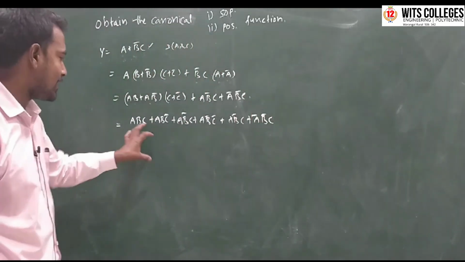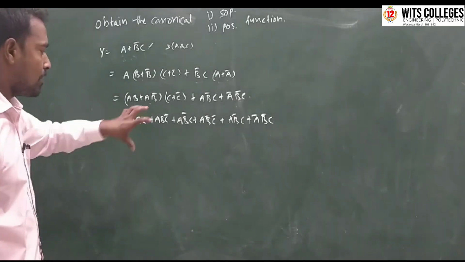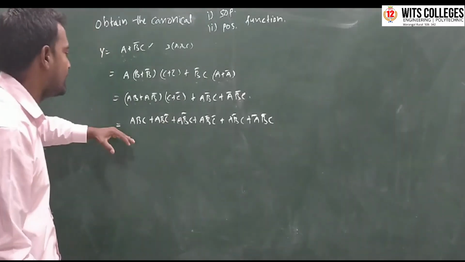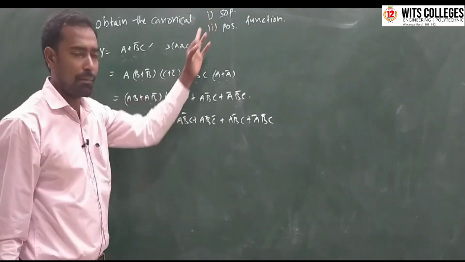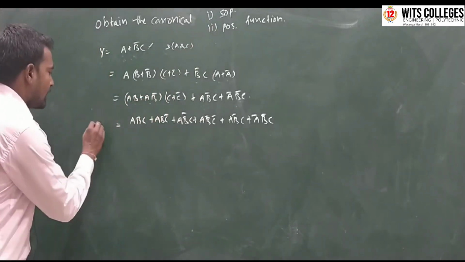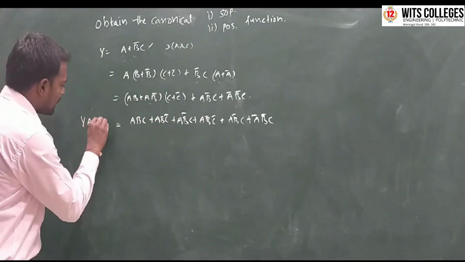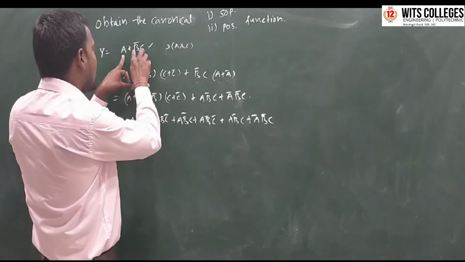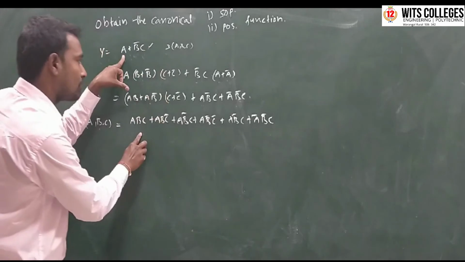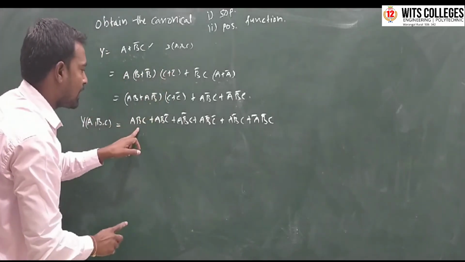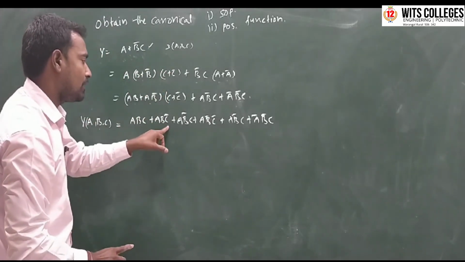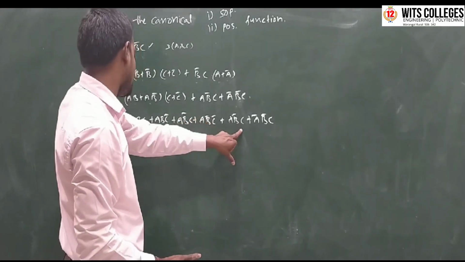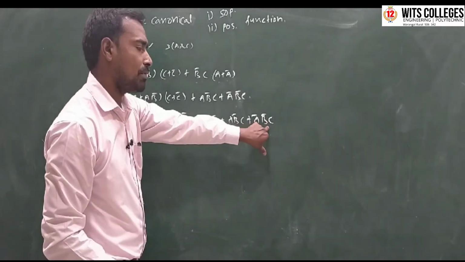All these terms are in the form of product terms, and when these product terms are added together, the expression is called sum of products. So y of a comma b comma c equals a plus b bar c equals the sum of products a b c plus a b c bar plus a b bar c plus a b bar c bar plus a b bar c plus a bar b bar c.